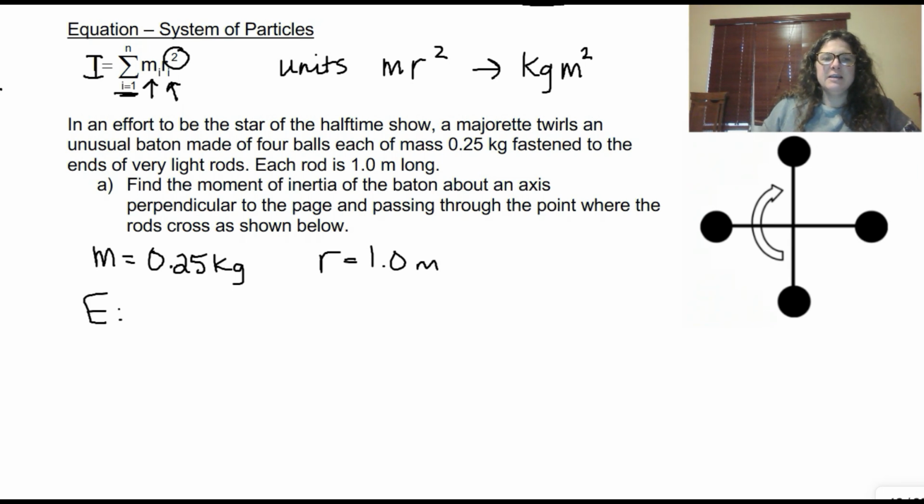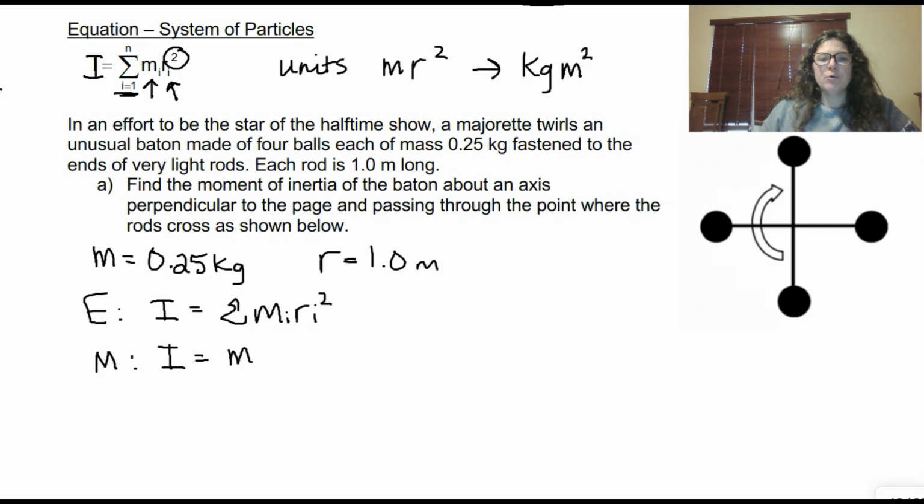In our equation, we know that our moment of inertia is going to be equal to the sum of all of the individual masses times the radius of each individual mass squared. For the sum, we would want to actually write out all of the individual components.